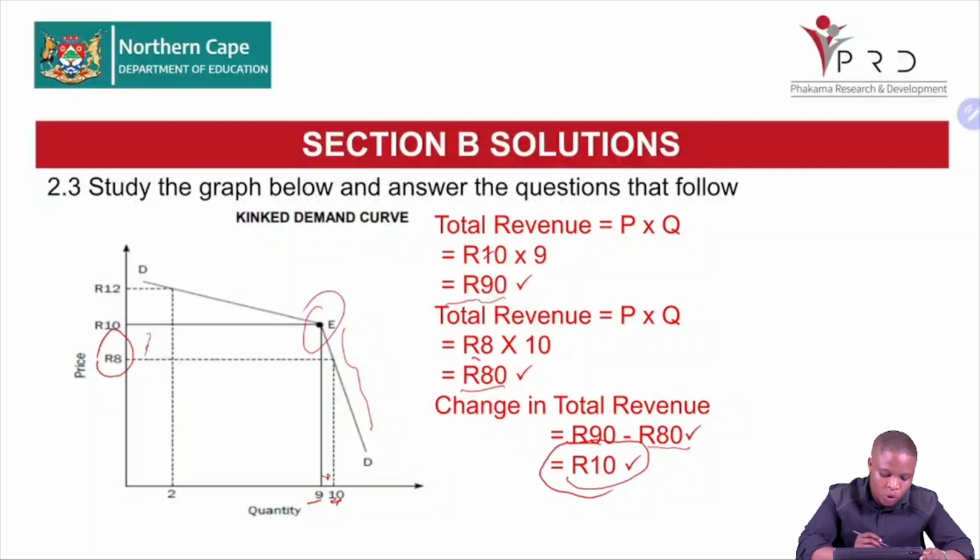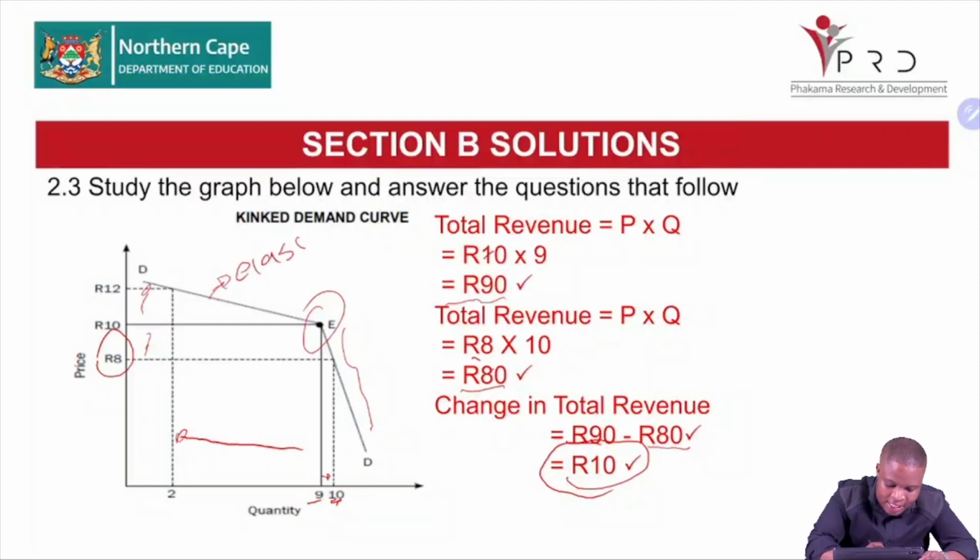Same if they wanted to increase their price to 12, right? There will be less people buying. So 12 times 2, that is 24, meaning the revenue will also decrease if they increase prices. And this side is called the relatively elastic. What does it mean? This is the elastic part. There is a response.